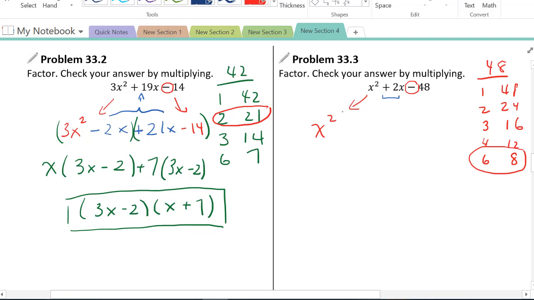How do I do that? By subtracting, right? Because remember, the last term is minus. So again, you can use a negative 6x and a positive 8x, right? That'll give me a positive 2x, right?